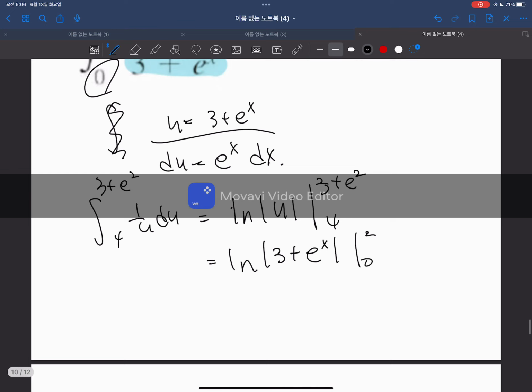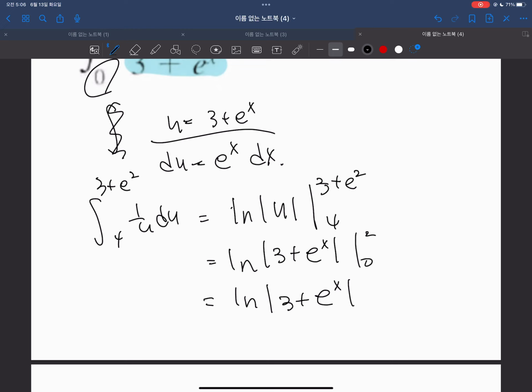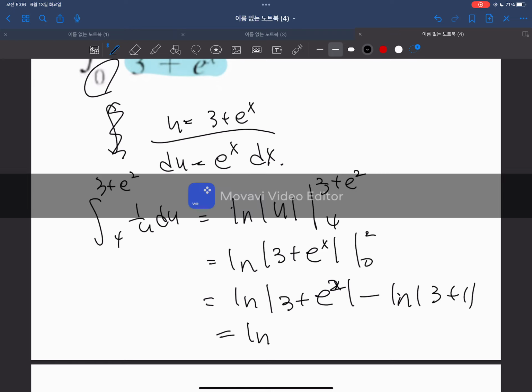When we solve this, we'll get ln of 3 plus e to the power of 2 minus ln of 3 plus 1. And then when we solve this, we'll get ln of (3 plus e squared) over 4.